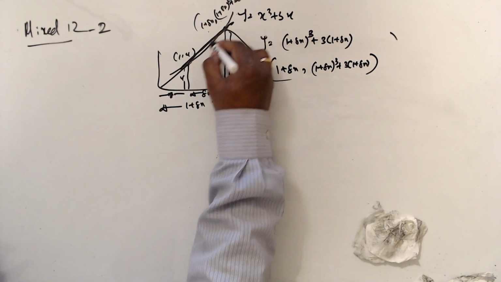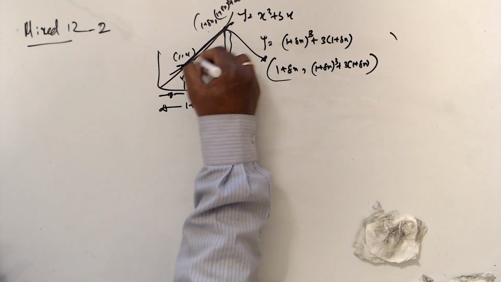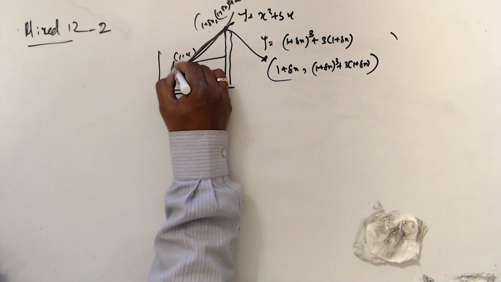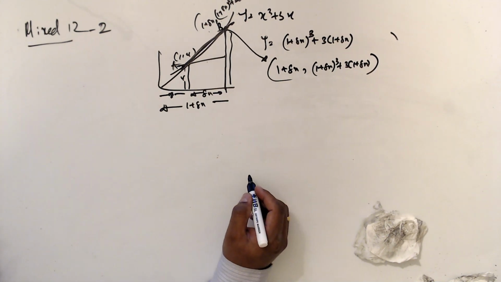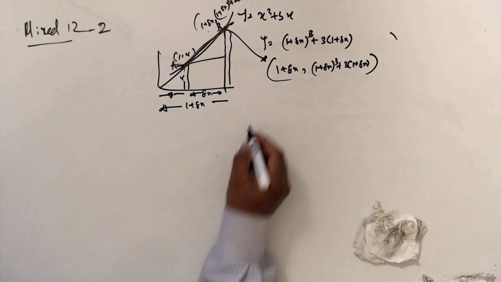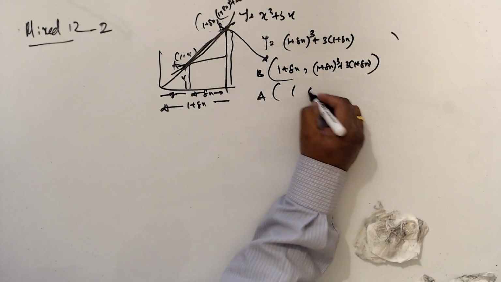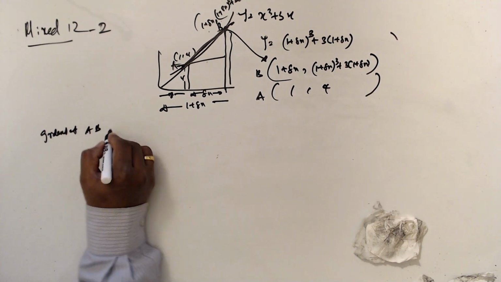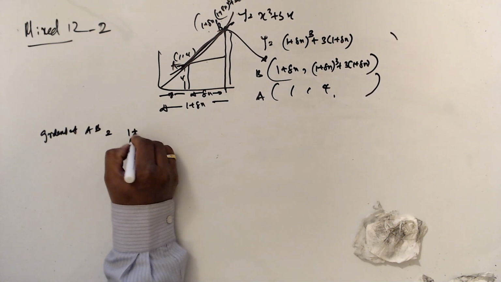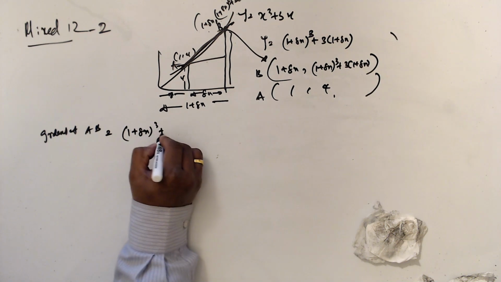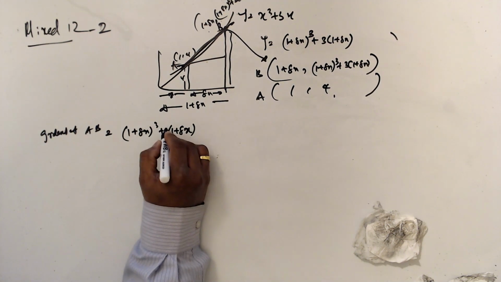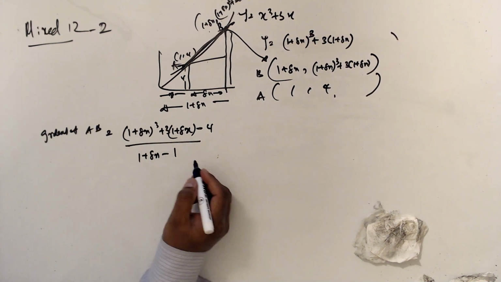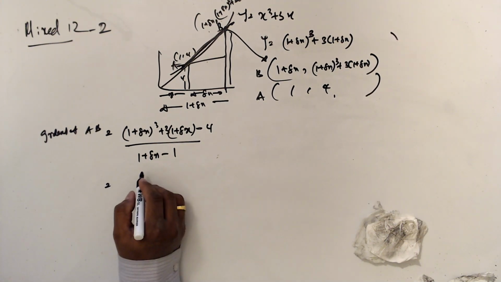Now how do you write the gradient of this line? This is A, B. B is this point, and A is the point 1 and 4. Gradient of AB equals the change in y over the change in x: (1 plus delta x) cubed plus 3 times (1 plus delta x) minus 4, divided by delta x.